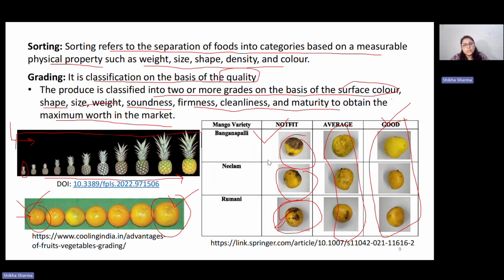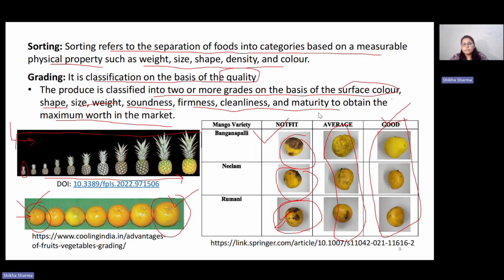The main purpose is to classify the product based on its quality, like A grade, B grade, C grade. So different qualities can be marked in a food product, and we can decide its market worth or market value.